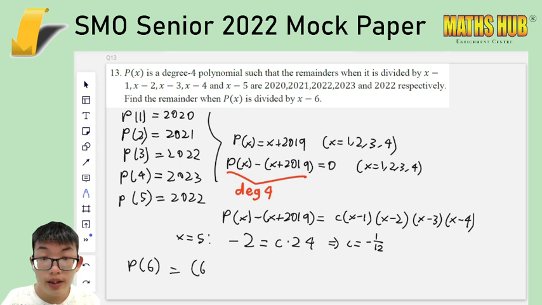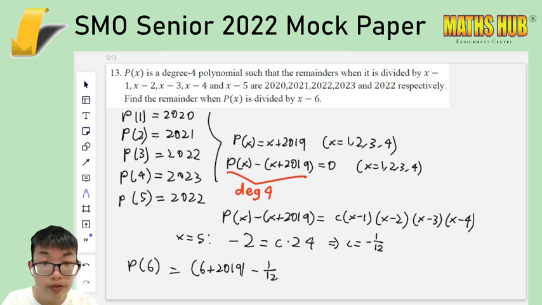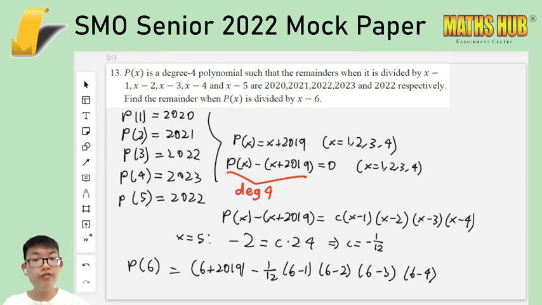I put in 6 plus 2019 for the x plus 2019, and then minus 1 over 12, 6 minus 1, 6 minus 2, 6 minus 3, 6 minus 4. So this behind, 5 times 4 times 3 times 2 divided by 12 is 10. So you have 2025 minus 10, and the answer is 2015.